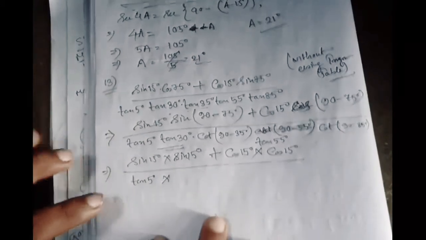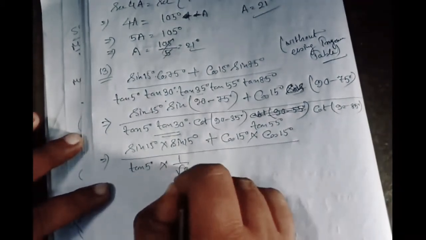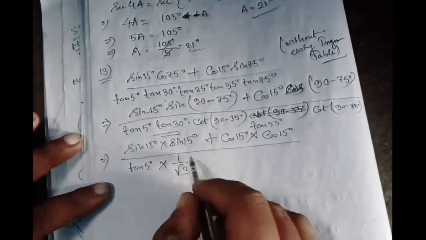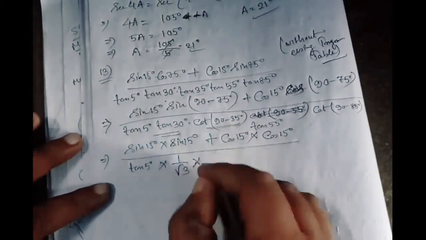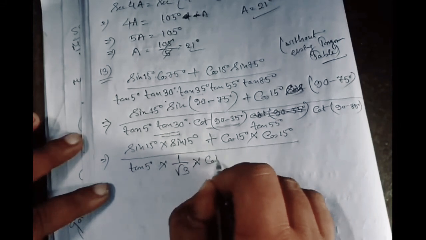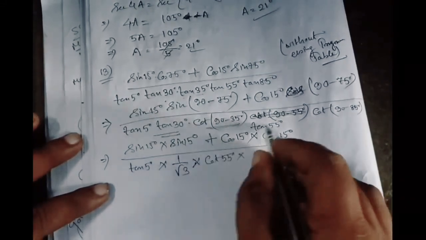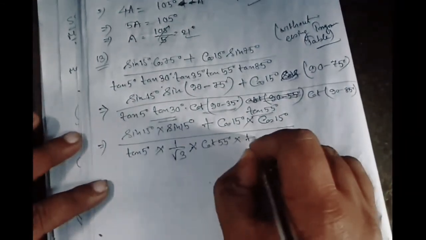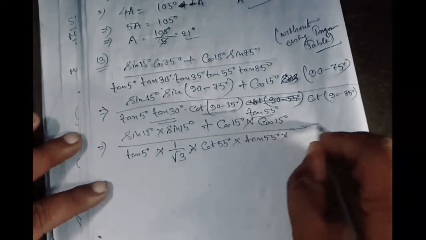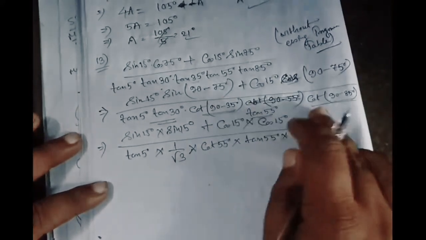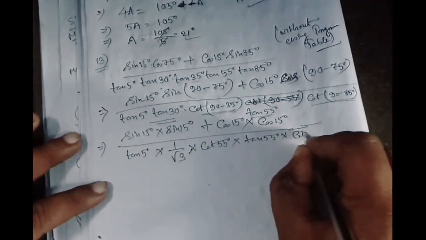The value of tan 30 is 1 by root 3, into cot 55 degree, into tan 55 degree, into cot 5 degree.